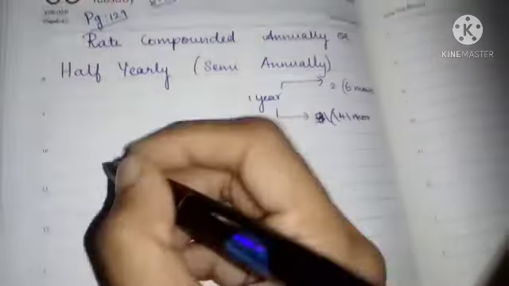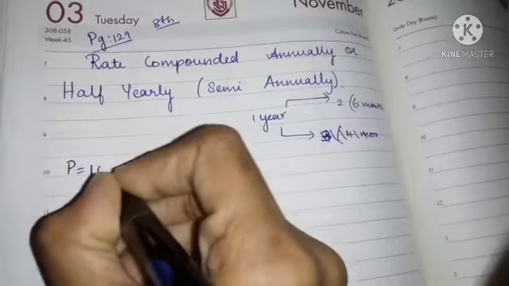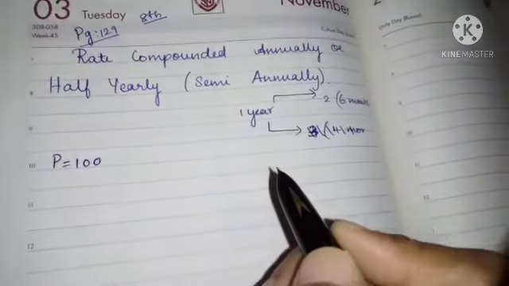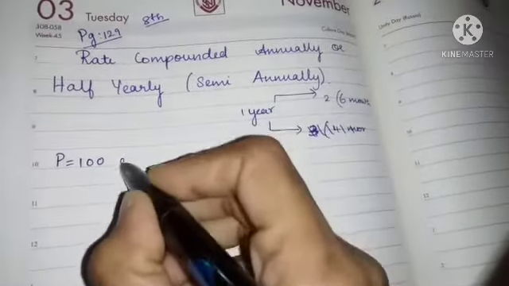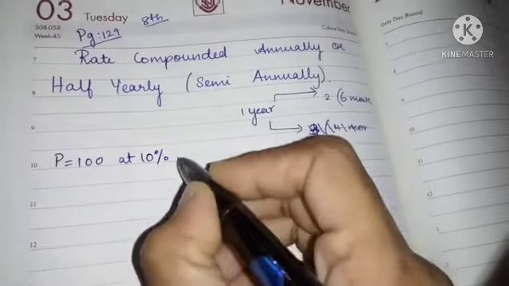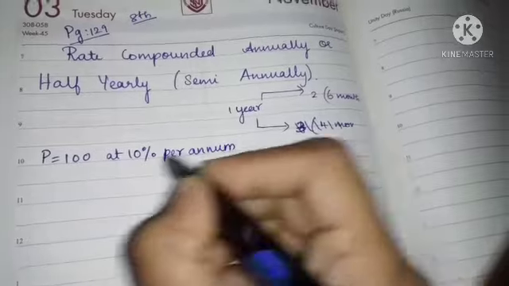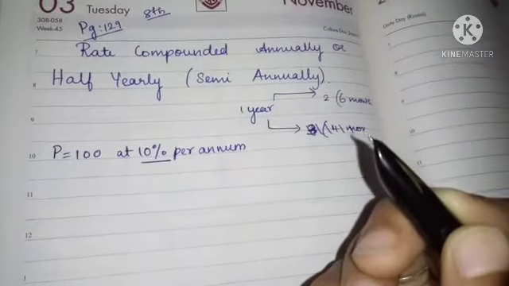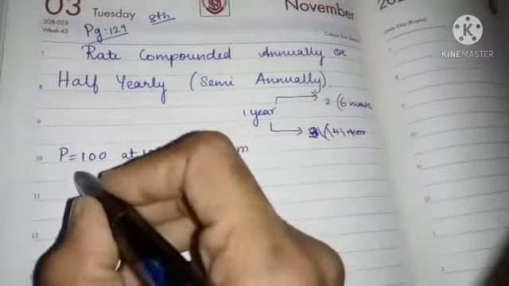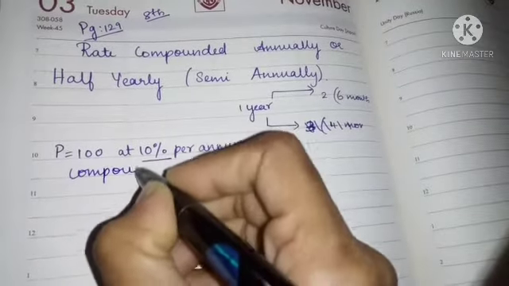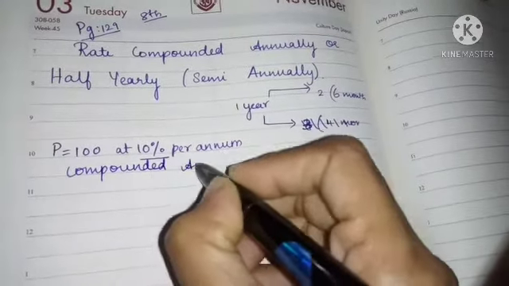When the principal amount is 100 rupees, we have got 100 rupees from the bank at 10% per annum, which means for a year the rate of interest is 10%, compounded annually.